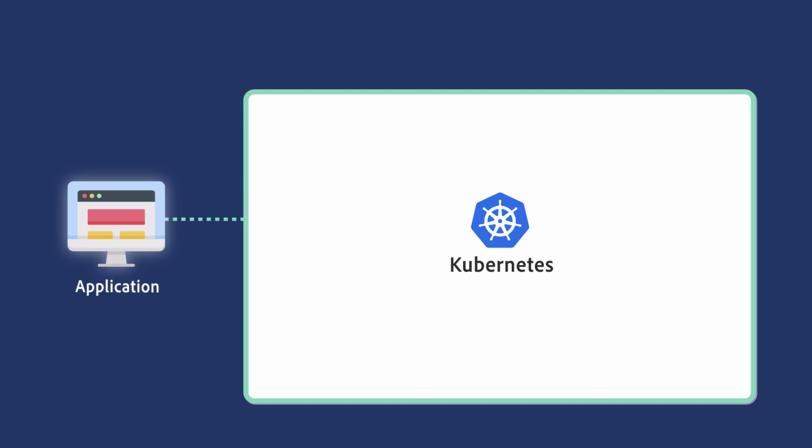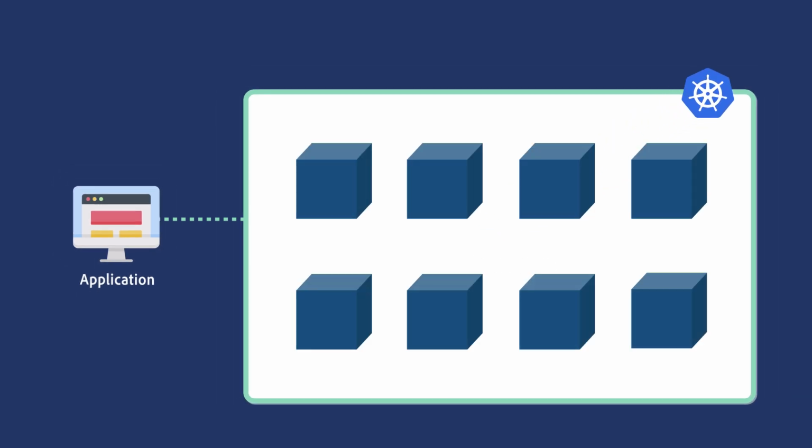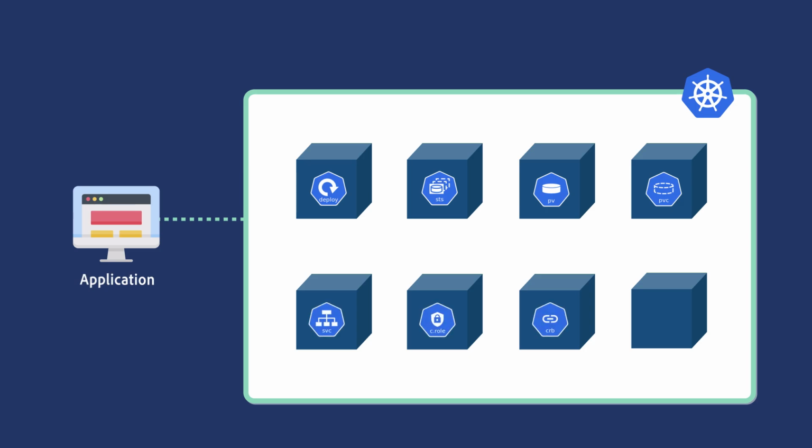And to deploy this application, we will need to deploy a lot of objects within Kubernetes, such as deployments, where we will deploy our application, stateful sets, which will contain our database, persistent volumes and persistent volume claims for storage purposes, service accounts, cluster role bindings, services, and finally, we will need to create ingress resources to expose our application so that we can access it on a specific domain.